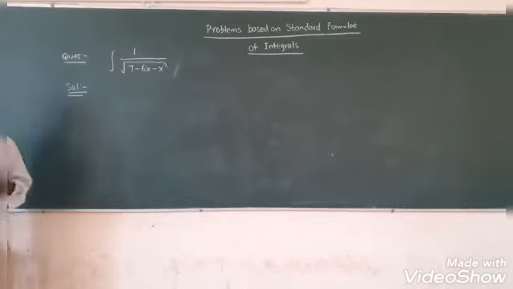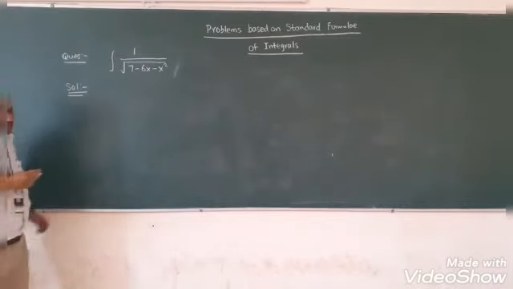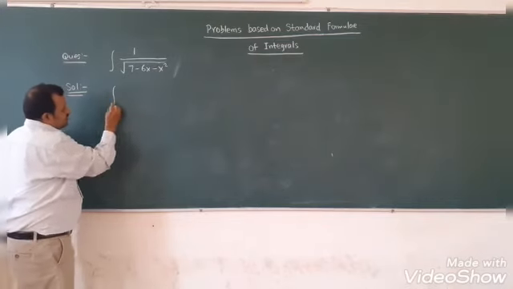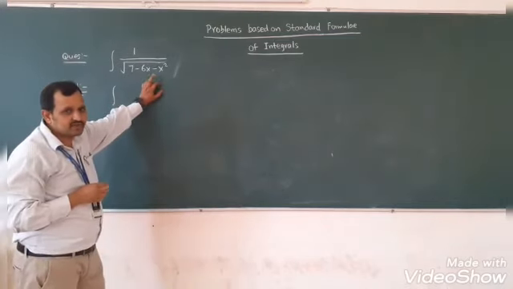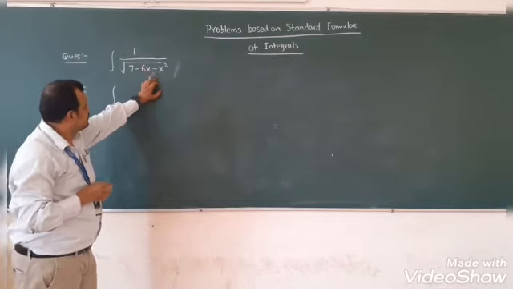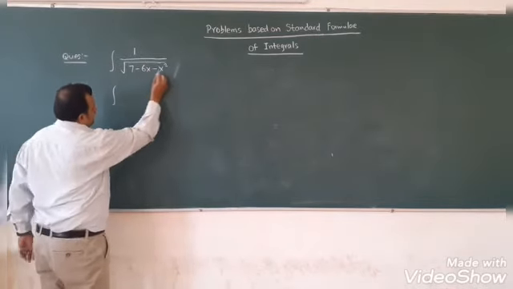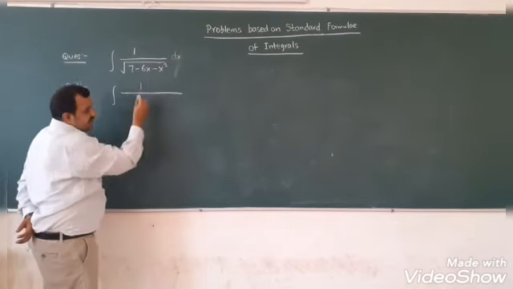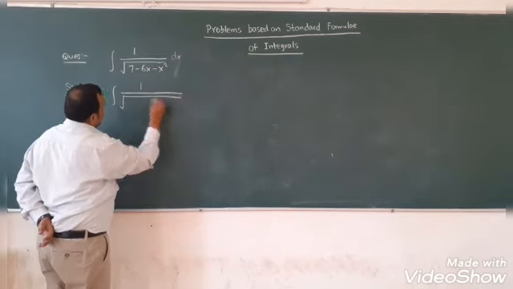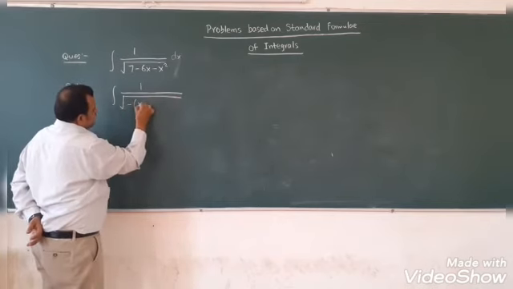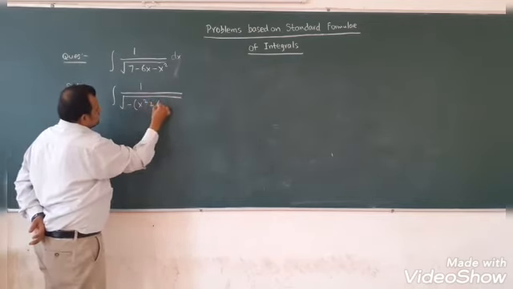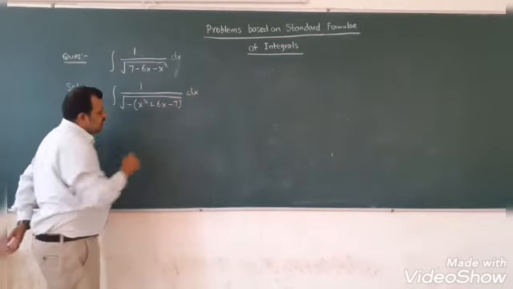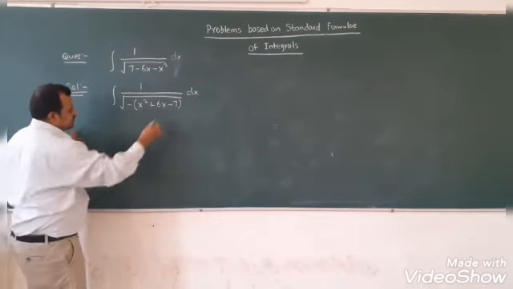As I told you, the coefficient of x square should be 1. Minus is there, so I am taking minus common. So 1 divided by, take minus common, and you will get x square plus 6x minus 7, dx. I want to make this a perfect square.